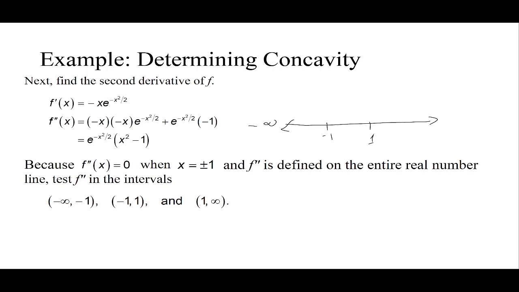And now on this interval, or this interval, or this interval, we need to find out whether the second derivative is positive or negative. As you can see here, this is the left interval, this is the middle one, and this is the right interval. For finding the second derivative on these intervals, we need to pick a testing point from each of them.